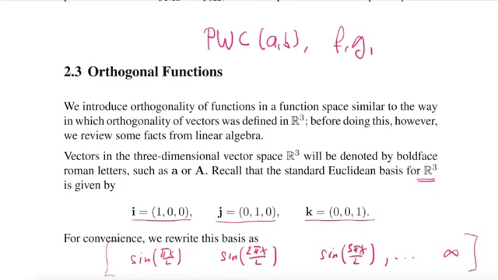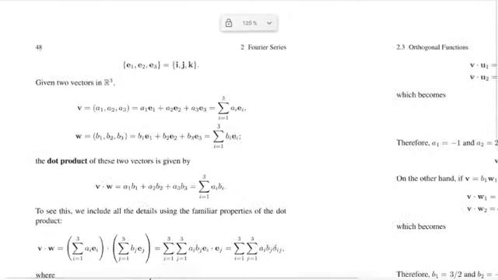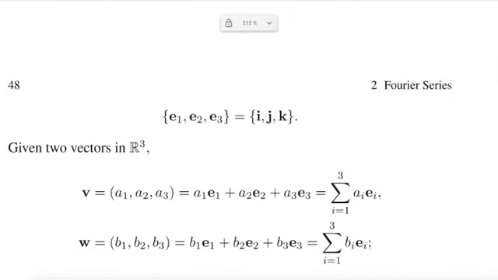Okay, let's come back to linear algebra. So here we can then define a basis. The basis of R3 would be these three vectors i, j, k, or some people call them e1, e2, e3. And then each vector v you can write in components a1, a2, a3, which means it is a1 e1 plus a2 e2 plus a3 e3.